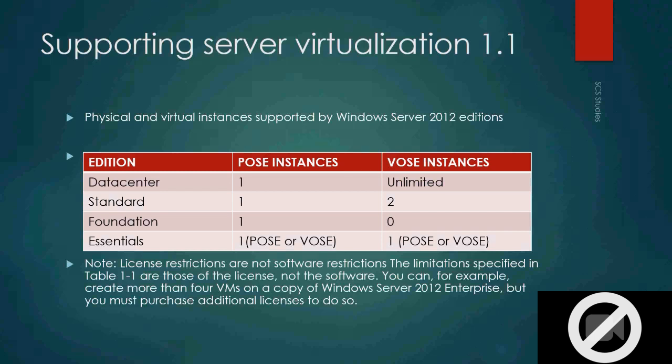The only difference is that to be compliant in every organization, you have to understand the licensing of the server. Then you can choose your appropriate version of operating system while installing in a physical or virtual environment. Hope this is clear to all of you. Let's move to the next slide.